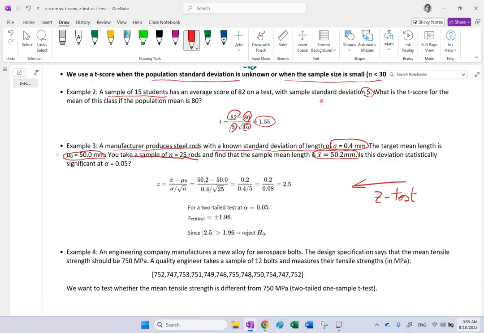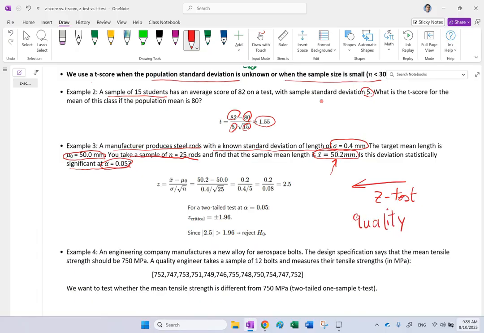In other words, are the rods that the company is making really longer or shorter than the desired length? So there is a difference between the ones that are made and the ones that should be made. And for the alpha significance level, we pick 0.05.